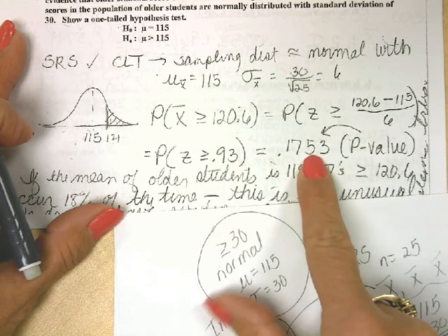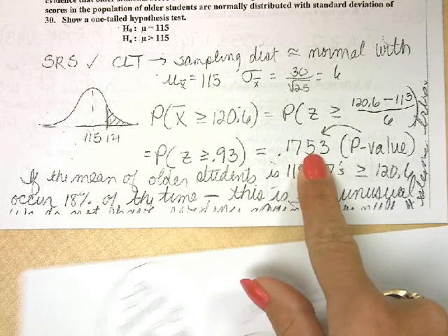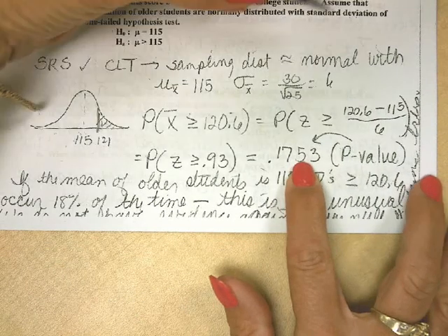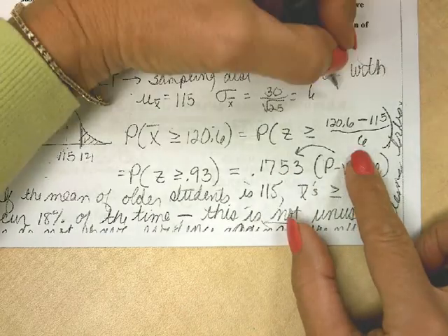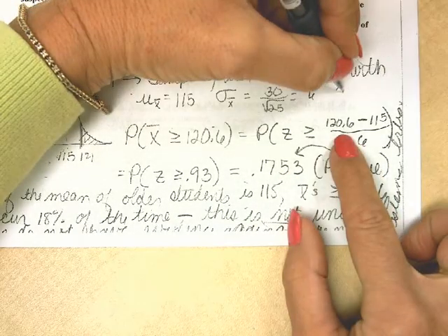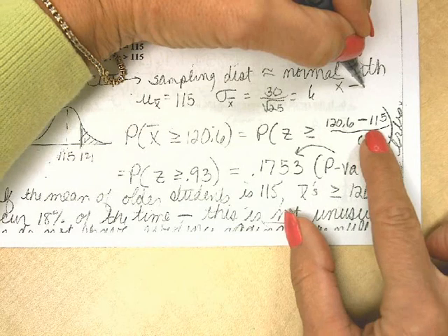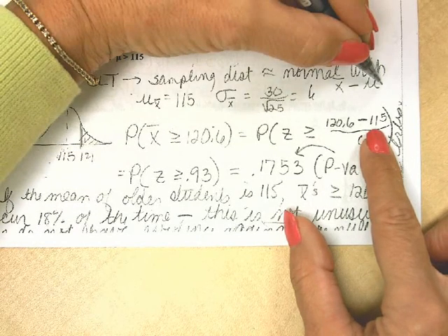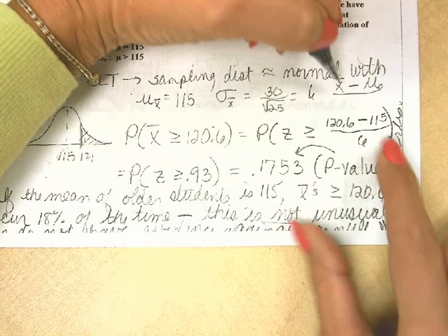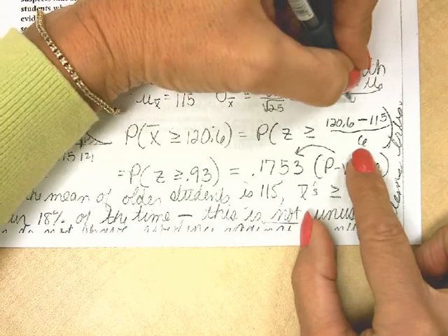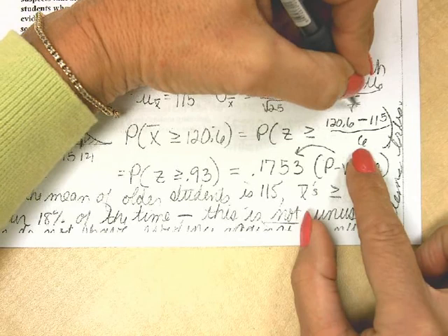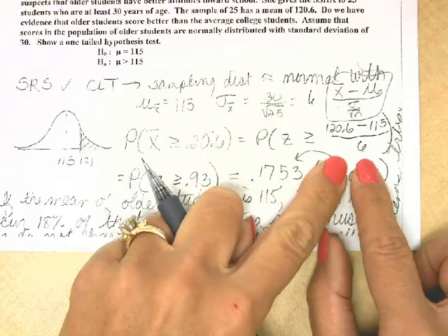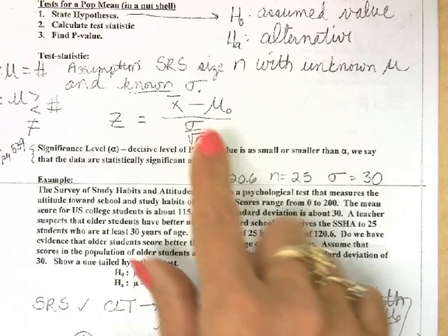Now, let's go back up to the terms that I talked about before. This calculation that I did right here was actually taking the mean that I got minus the population mean that I'm assuming to be true, and then I divided by the standard deviation of individuals over the square root of n. This calculation is called my test statistic, and that's what I have written right up here.